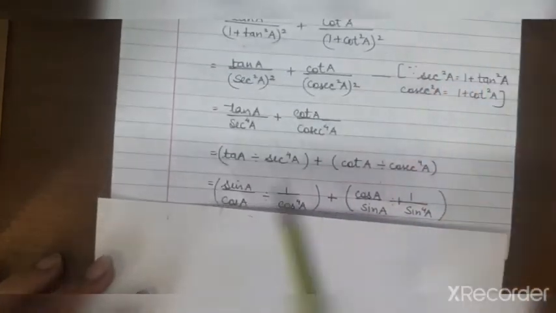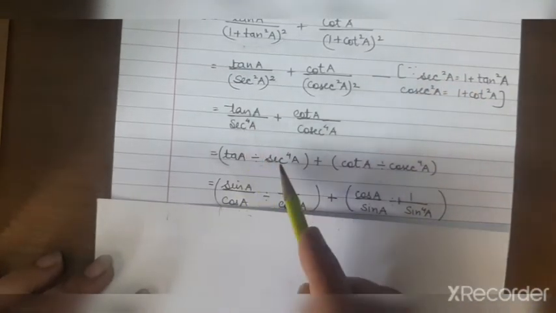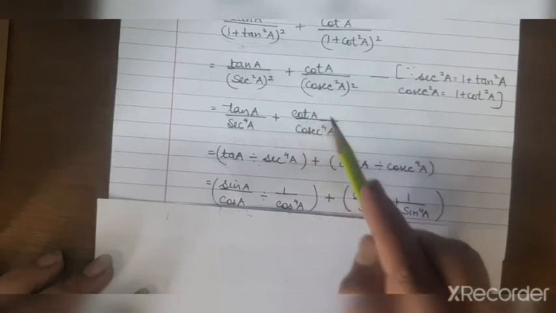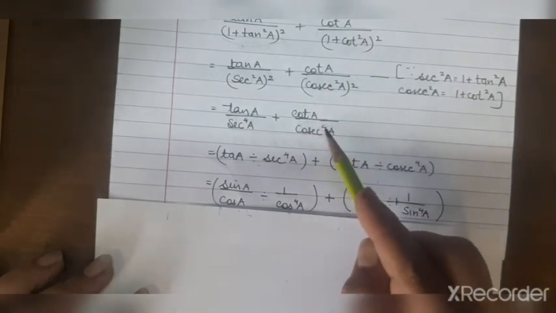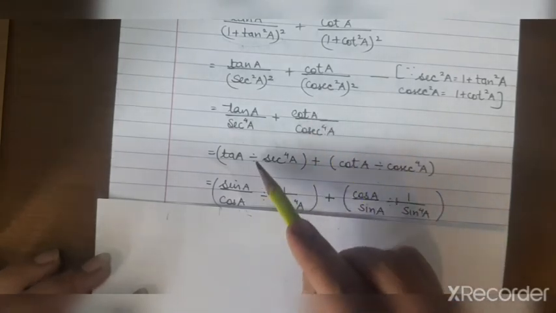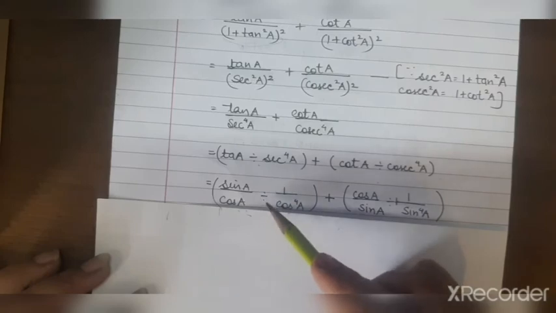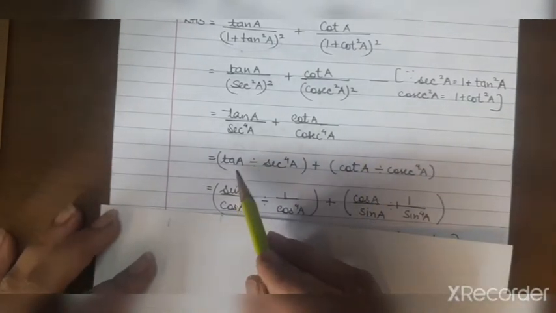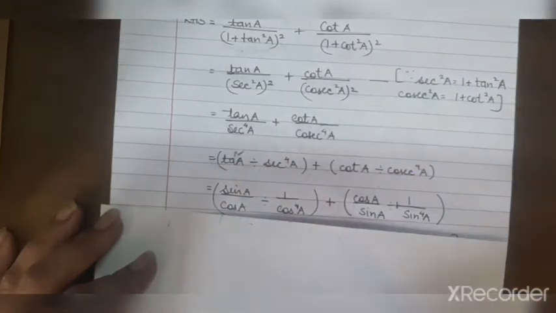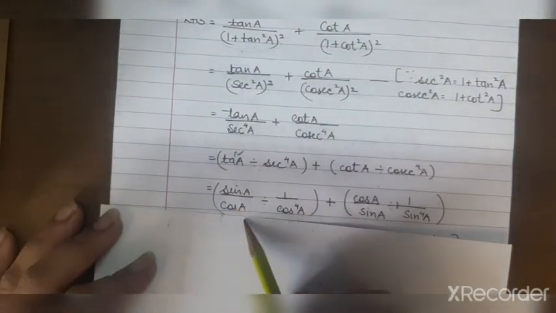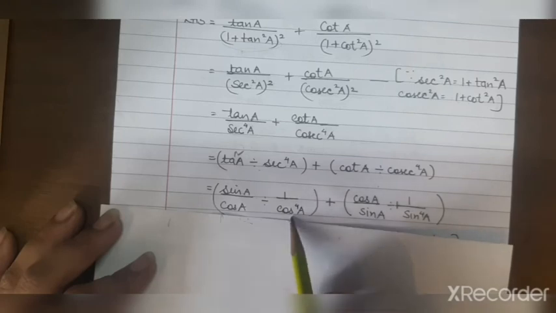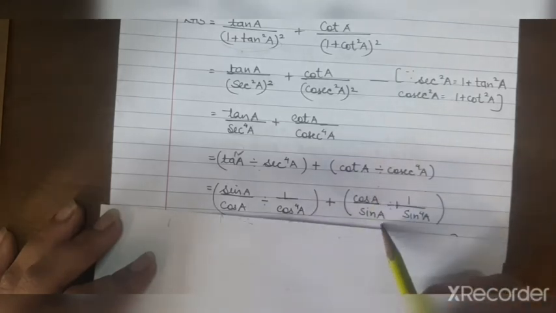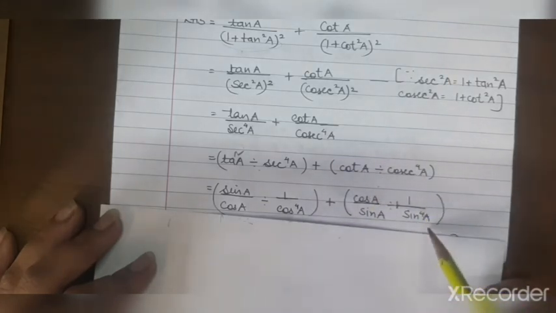So here tan A divided by sec raised to 4A plus cot A divided by cosec raised to 4A. Before converting, we will split. We know tan A is sine upon cos, sec is 1 upon cos, cot is cos upon sine, and cosec is 1 upon sine.